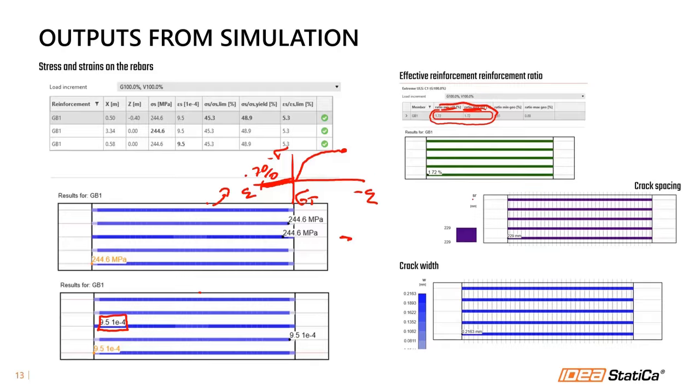As I was mentioning, the solution gives you the output in the form of the crack spacing that is also uniformly distributed over the length of the submodel, and the crack width.